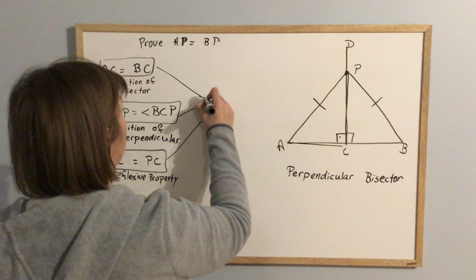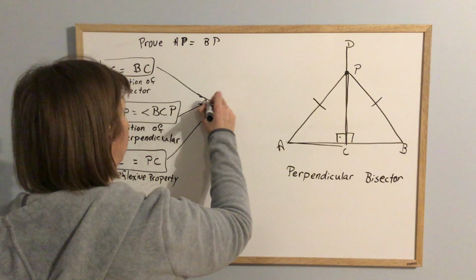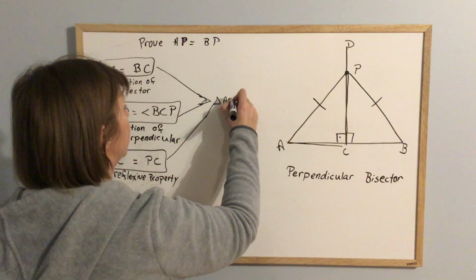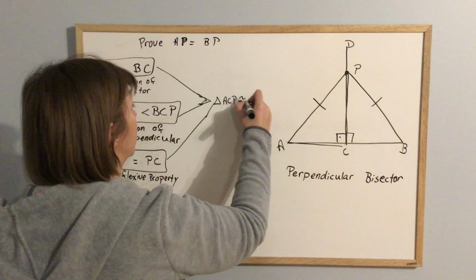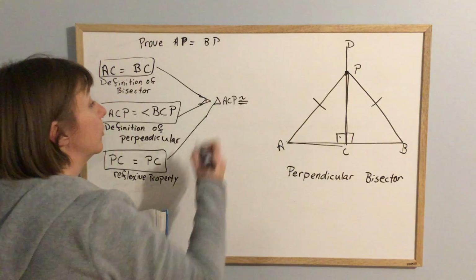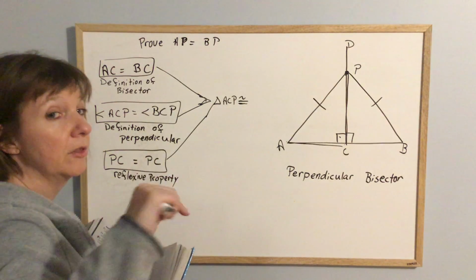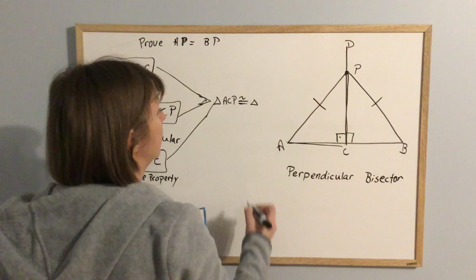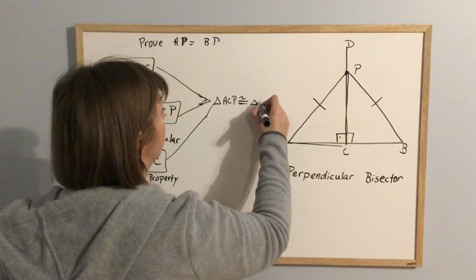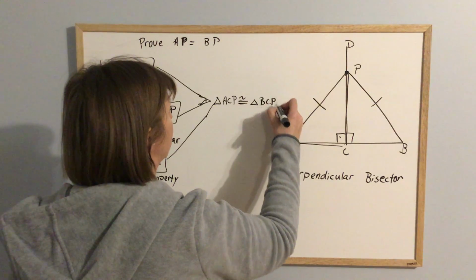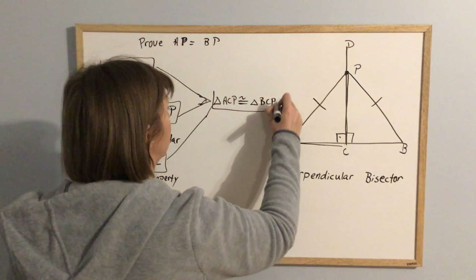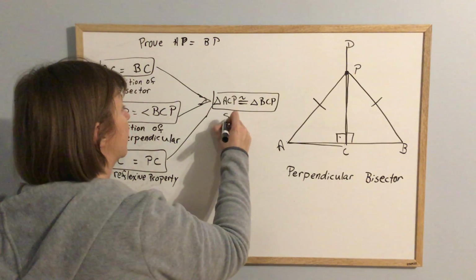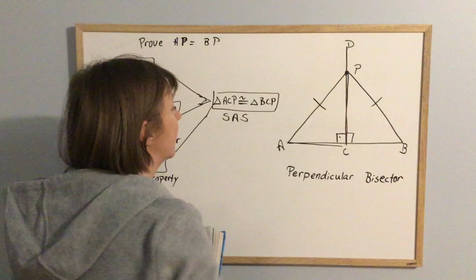So we can now make a statement that says triangle ACP is congruent, and congruent is an equal sign with a little wavy line over it, is congruent to triangle BCP. So that's a statement, so I put a box around it. Reason is because I did a side, an angle, and a side.